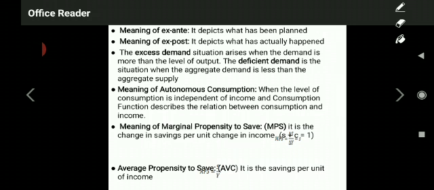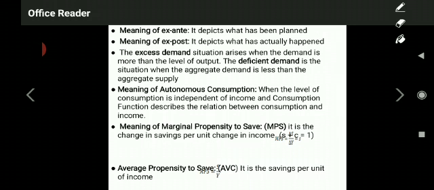Okay, look at the next point, excess demand. Excess demand is also a very important topic to understand here. It means an excess demand situation arises when the demand is more than the level of output. What amount of output is there in the economy and what is the demand for that? If the demand for goods is greater than the available output, that is called excess demand.